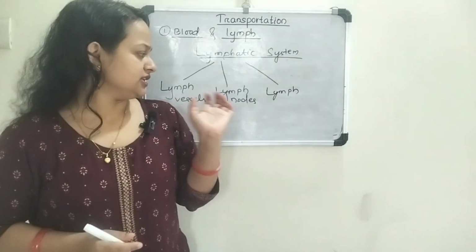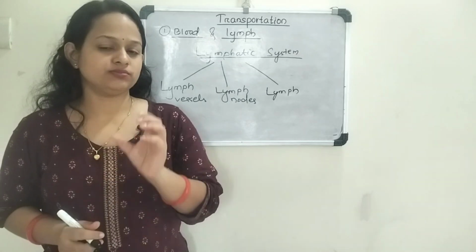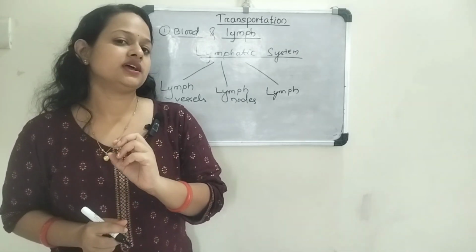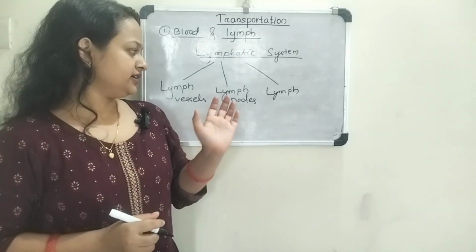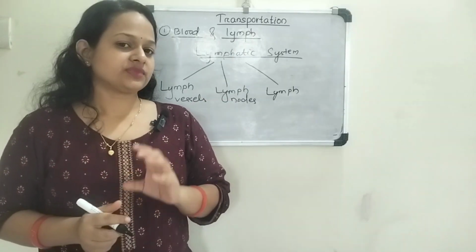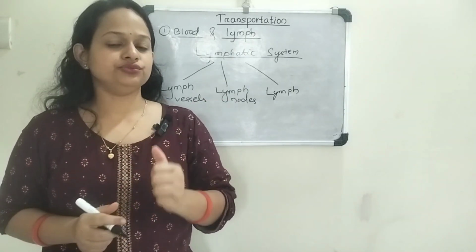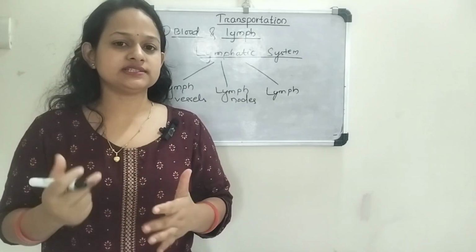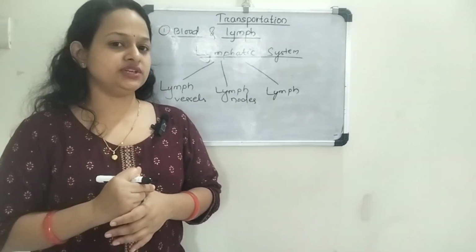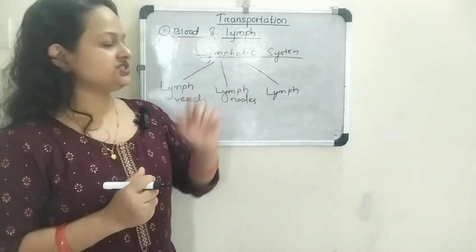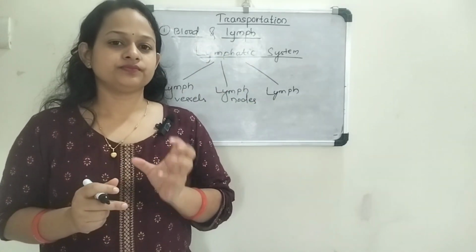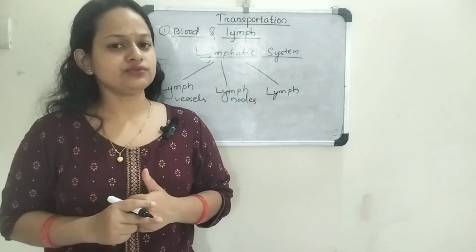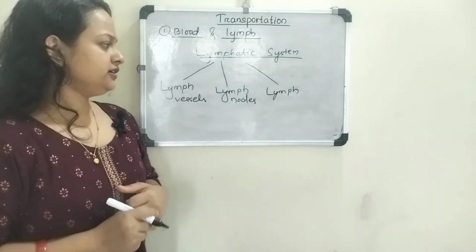These lymph nodes contain plasma cells, monocytes and lymphocytes, and the function of these cells is to fight infections, germs and foreign particles that come into our body. So the lymphatic system gives some immunity to our body against different types of infection.